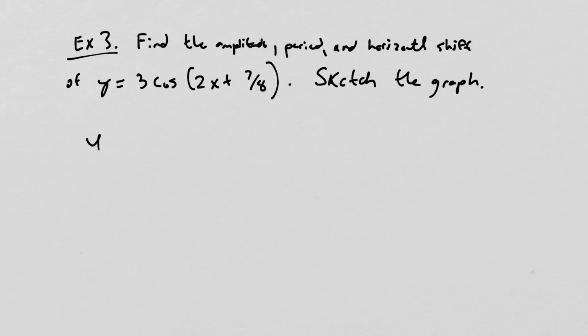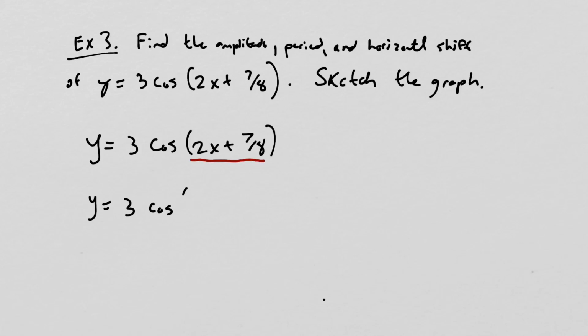All right, the function we're given, y is equal to 3 cosine of 2x plus 7 divided by 8, is not in the form that we need to determine all the information. So let's go ahead and pull a 2 out of both of these terms here, and we'll rewrite the function as y is equal to 3 cosine of 2 times x plus 7 divided by 16. Now we can determine all the information.